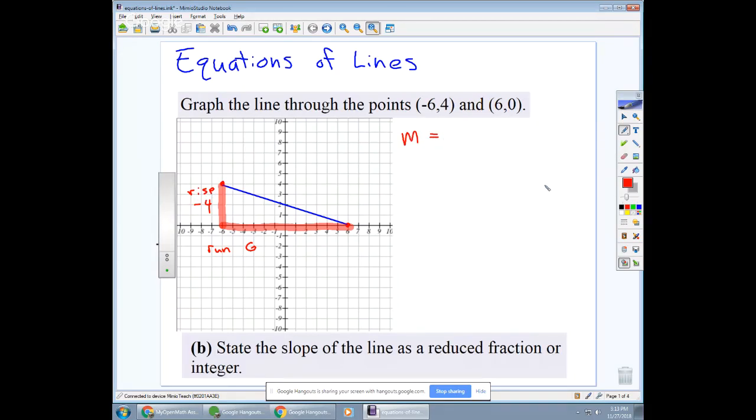It's change in y, so that would be 4 minus 0 divided by change in x. So that would be -6 minus 6. And so 4 minus 0 is 4 over -12. In this version over here in the picture, I thought the slope was negative. Oops, 6 and 6 is 12, isn't it?